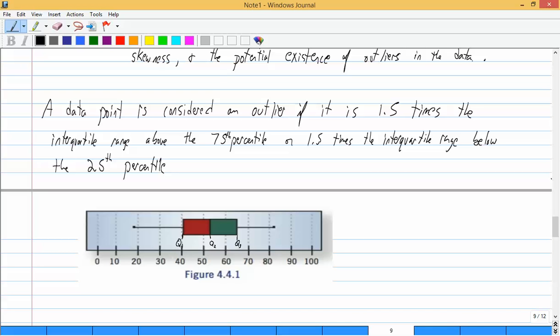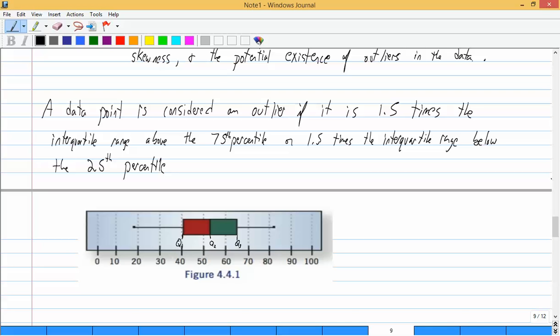And then we could figure out outliers. If we know the interquartile range, we say that times 1.5, and then we could figure out what a data item would have to be to be an outlier.